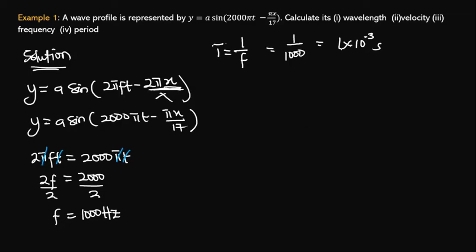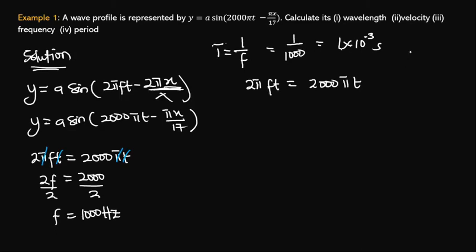We also need to find the wavelength and the velocity. So let's equate these two equations again. We have 2 pi ft is equal to 2000 pi t over here. Now remember we did some substitution where we substituted frequency in place of velocity and wavelength.